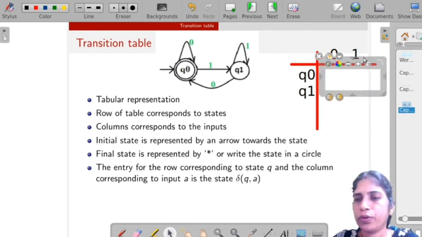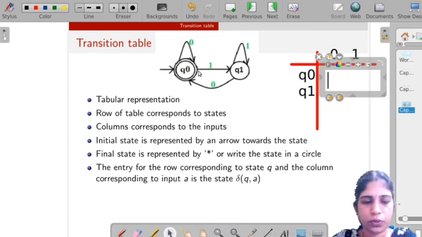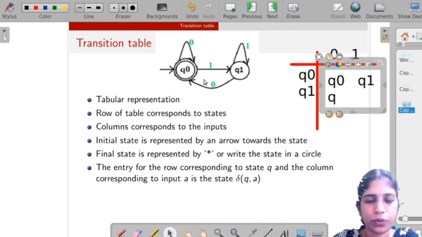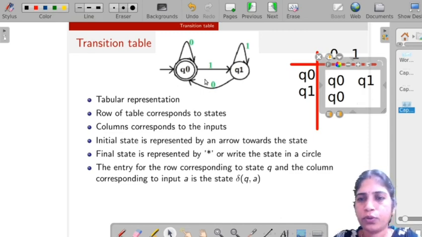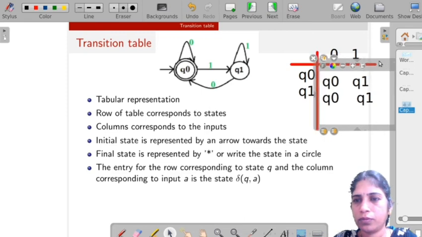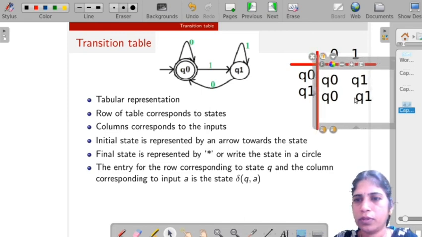So we know delta of q0 comma 0 is equal to q0. Then delta of q0 comma 1 is equal to q1. Then delta of q1 comma 0 is equal to q0, and delta of q1 comma 1 is equal to q1. So this is our transition table.